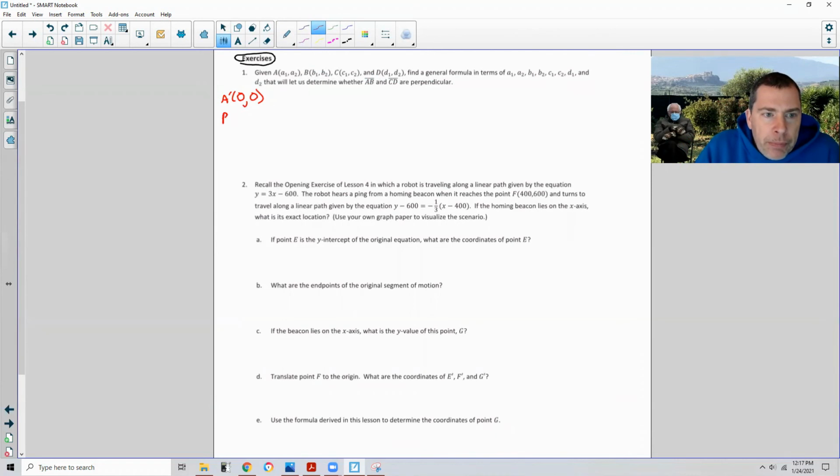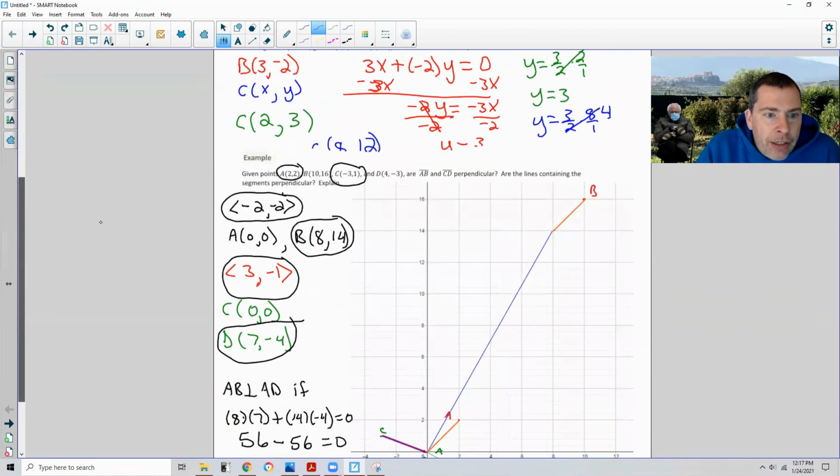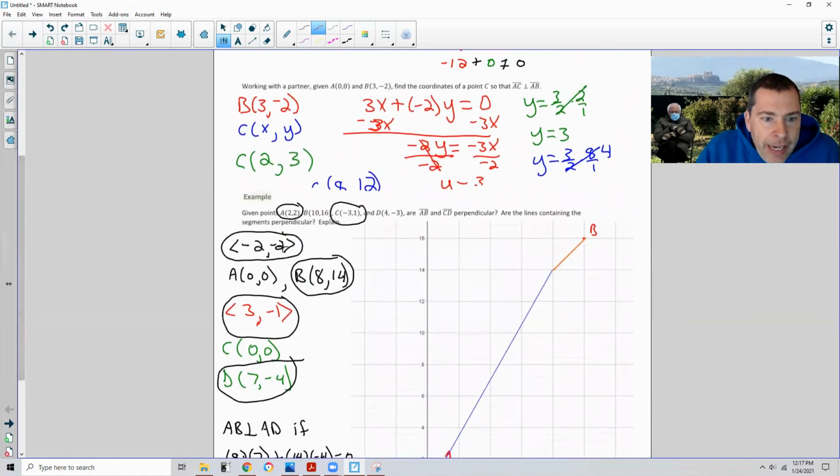So B prime is going to end up being my X value of B minus my X value of A. If I go back here, what I did to A, I also did to B. I took 10 minus 2 and got 8.